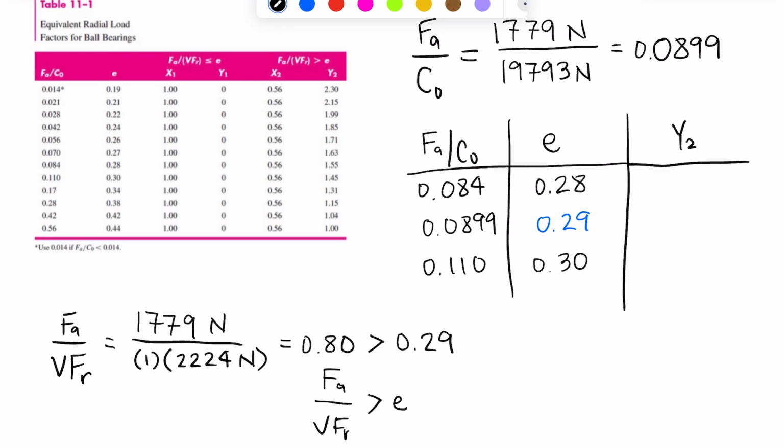For the top line, Y2 is 1.55. For this bottom line, it's 1.45, and we need to do linear interpolation in between. Again, I'm just going to give you the answer, and you should check this for yourself, or maybe pause the video here, see if you can get it, and then I'm just going to tell you it's 1.53.